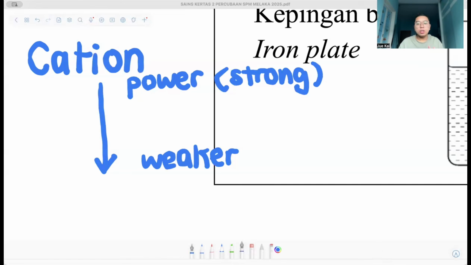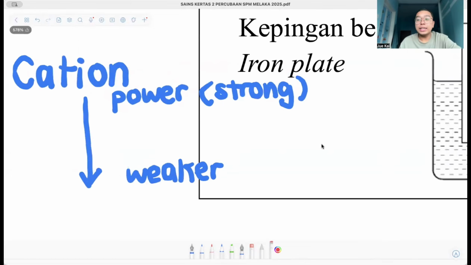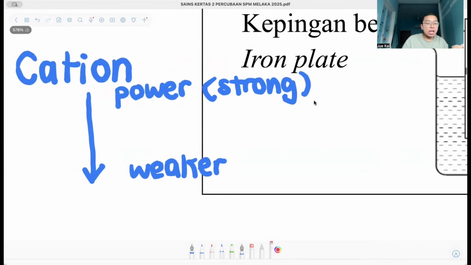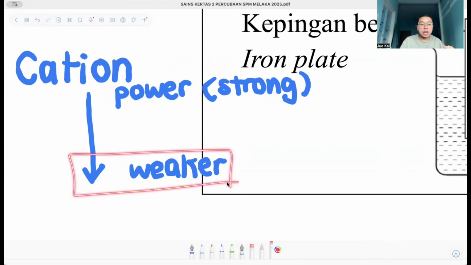For cation, when the ion is at the top, up here, it will be stronger. When it goes down, down, down until the bottom, it will become weak.